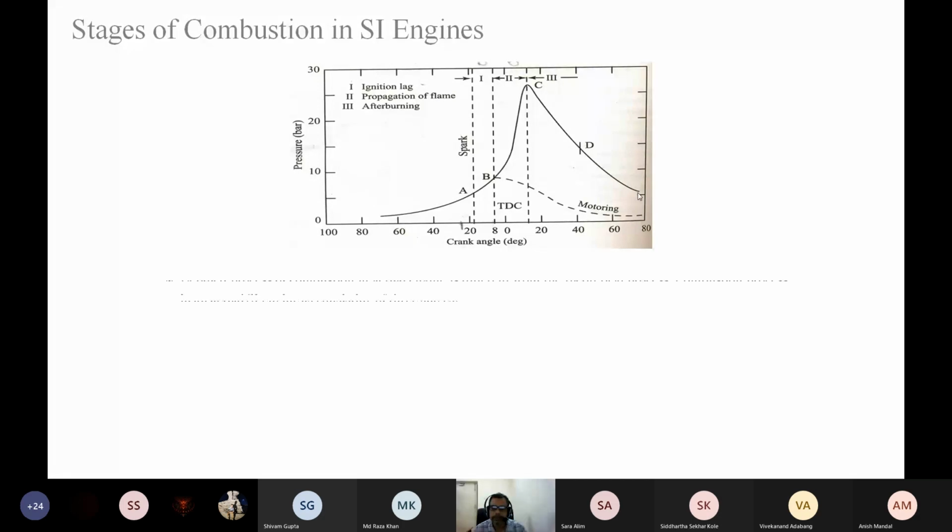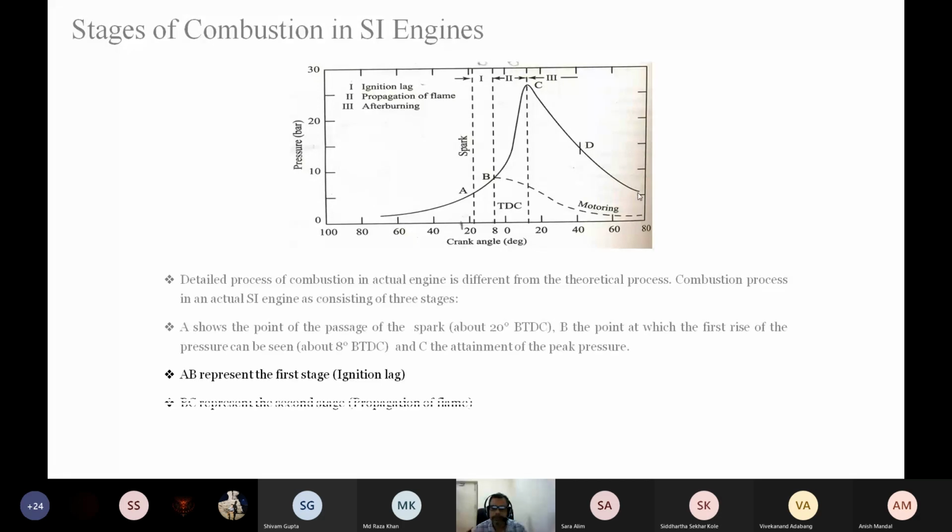Now, question 8. If a spark is created at point A, why are the firing pressure and motoring pressure not deviating from each other? Why is there an overlap between A and B?